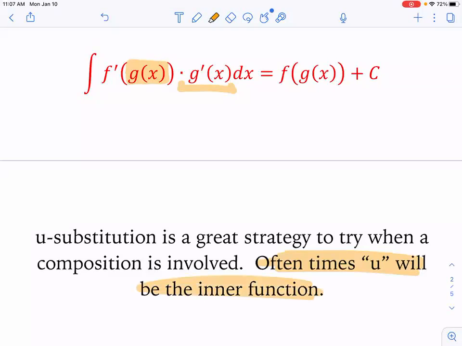We call this U-substitution. If we have a composition, we try to let u equal the inner function and see if its derivative lives on the outside somewhere. If we let u equal g of x, does g prime of x live somewhere inside of our integrand? Can we make this all fit together?